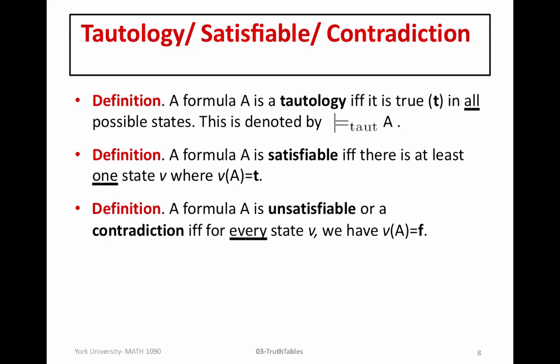We define a formula A to be unsatisfiable or a contradiction if and only if for every state V the truth value of A is false. So in this case, each row has truth value false. That's when our formula is a contradiction, which again, you would have discovered in discrete math. So this is the same definition, and essentially a contradiction is the opposite of being satisfiable.